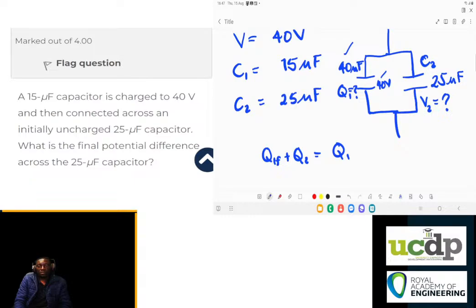Sir, I got 15 volts. You got 15 volts. Yes, sir. Okay, can you take us through your steps? Let's see if we can follow.